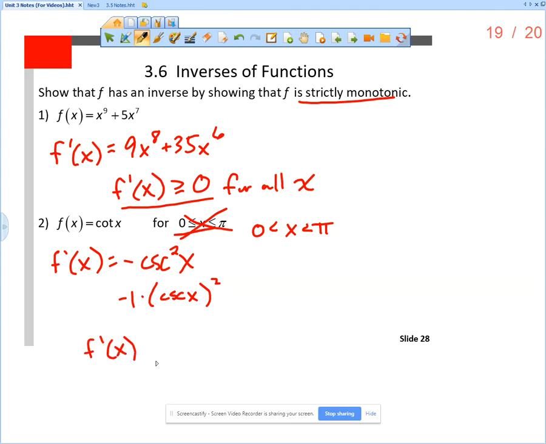F prime of x is always less than or equal to 0. Do we have to include the equal to? Cosecant can never be equal to 0, right? Because when sine is 0, cosecant is undefined. So in this problem, we can say f prime of x is strictly less than 0. So f is strictly monotonic. All right, that's that slide.